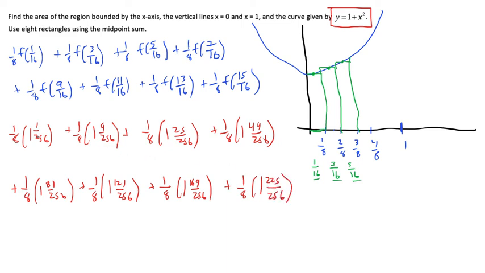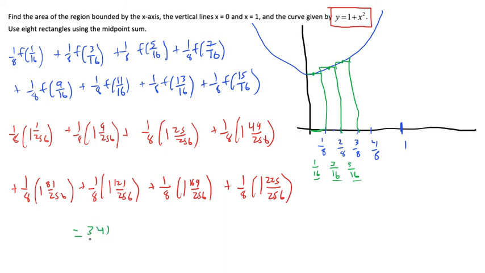So we want to add all of these numbers. You're going to calculate these, 1 and 1 over 256 times 1/8 plus 1 and 9 over 256 times 1/8. Of course, there are little shortcuts we can use, but essentially, we want to calculate this sum.